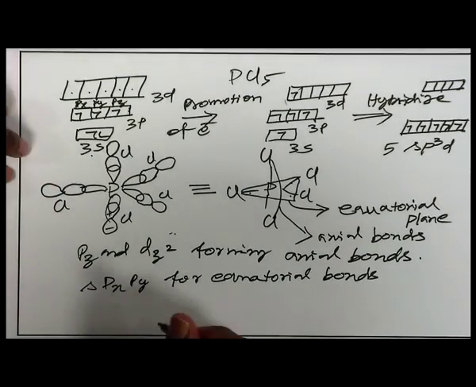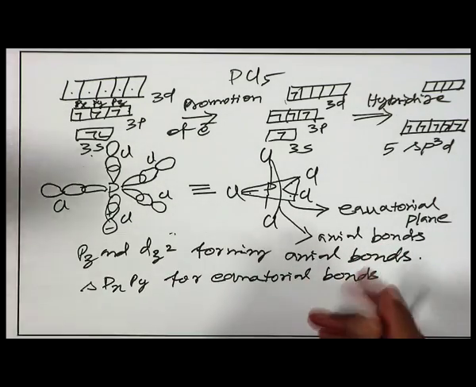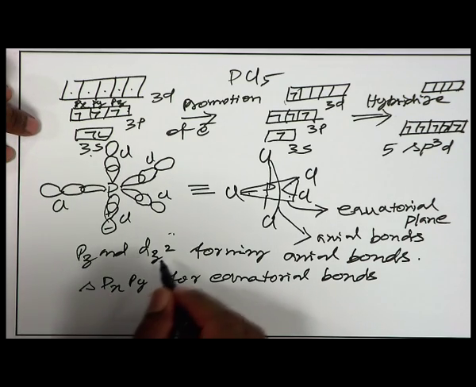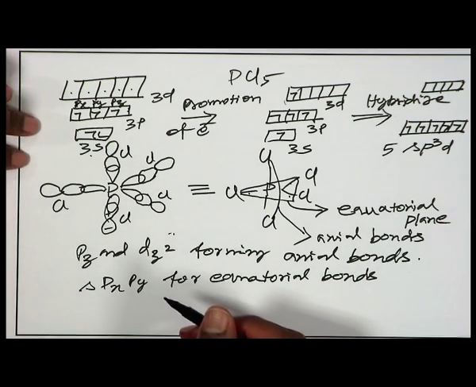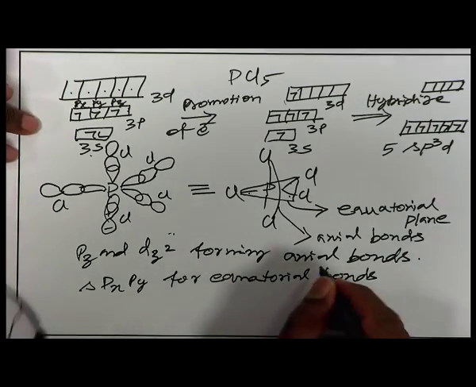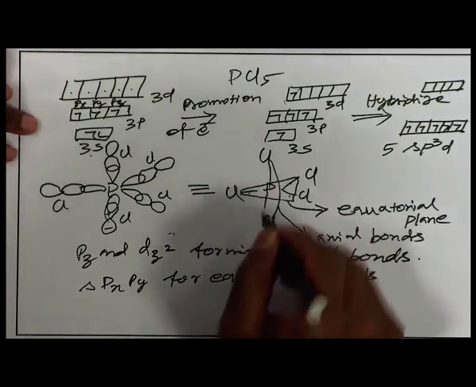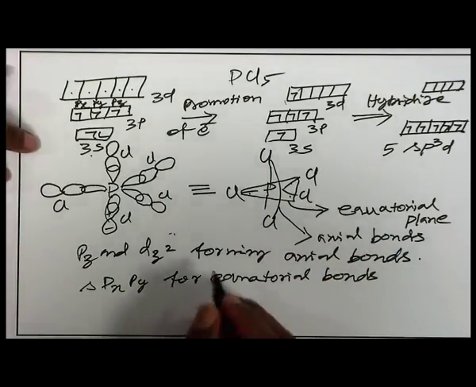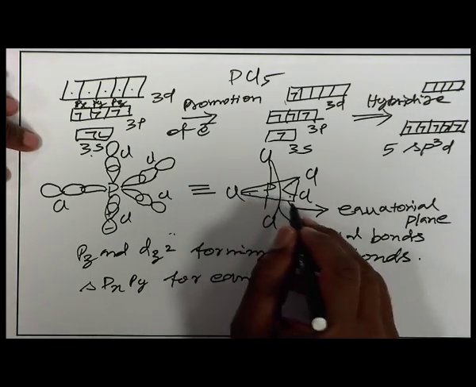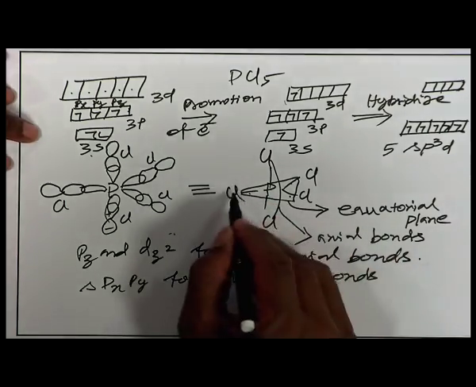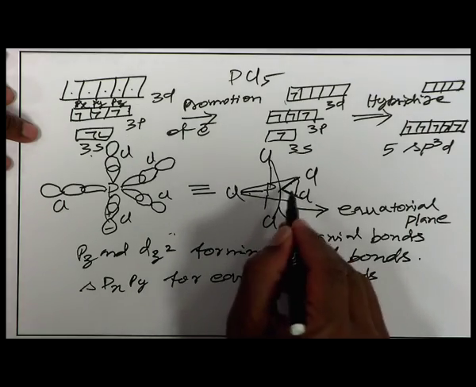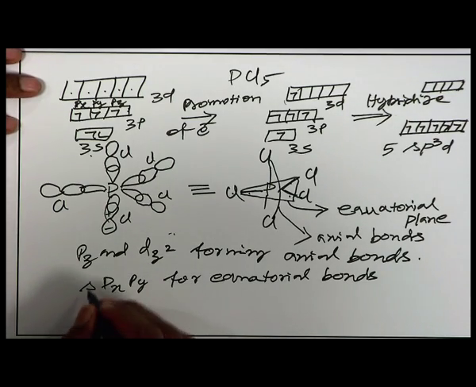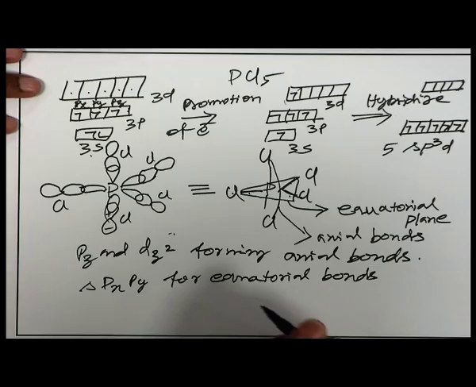So, it becomes clear that there are two sets of hybridized orbitals. One set is the pz and dz square orbitals, which are used for forming the axial bonds. These are slightly different in energy compared to the 3 equatorial bonds. These are the equatorial 1, 2, 3. These are the equatorial bonds formed by another set of hybridized orbitals, which are s, px, py hybridized orbitals.